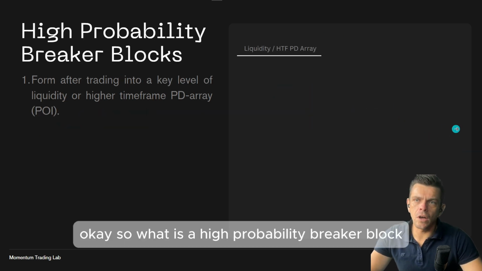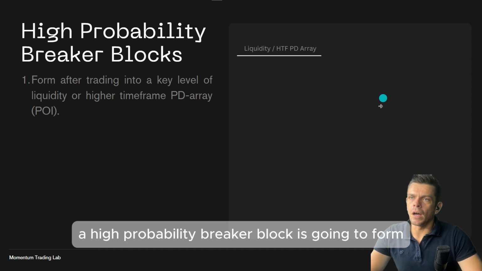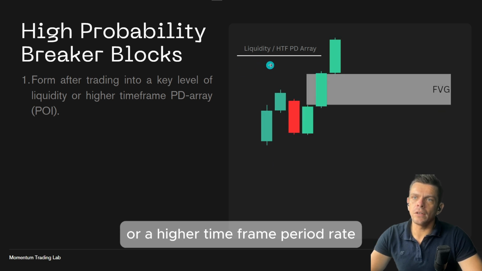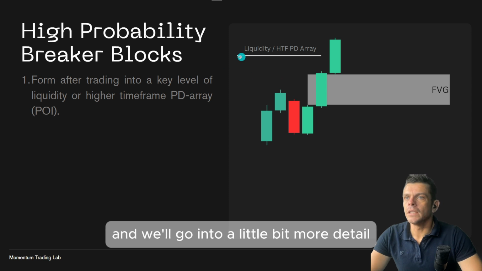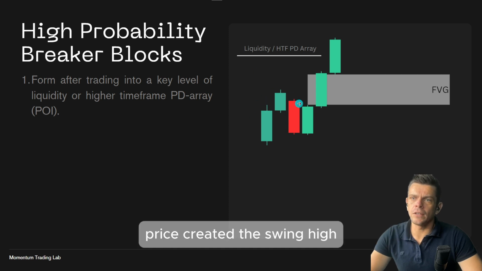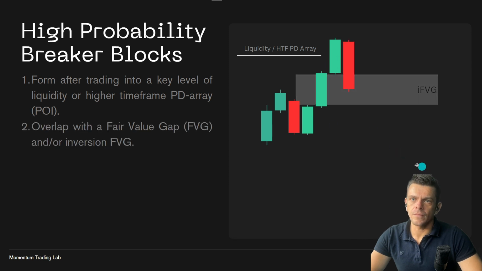Okay, so what is a high probability breaker block? A high probability breaker block is going to form after it is traded into a level of liquidity or a higher time frame PD array, and we'll go into a little bit more detail later on in this video. So let's see what happens here. Price created the swing high. It traded into the liquidity, creating a buy side fair value gap.